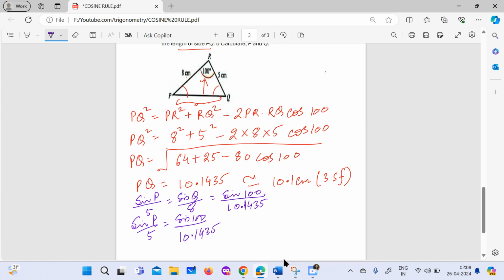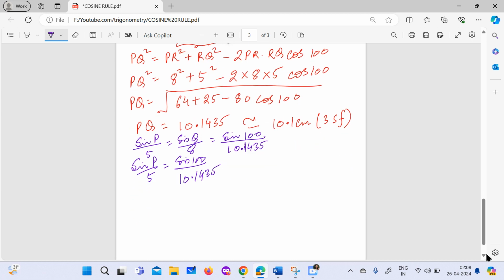We can just cross multiply, so sine P equals 5 sine 100 over 10.1435, and this will give you sine P equals 0.4853.